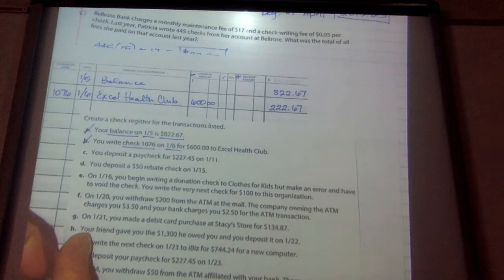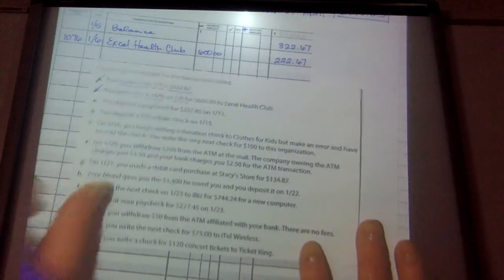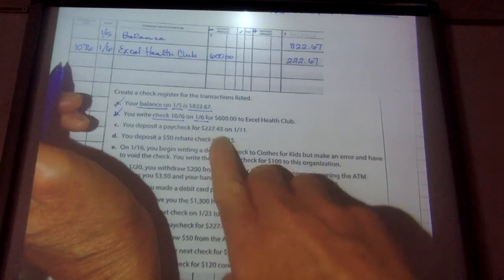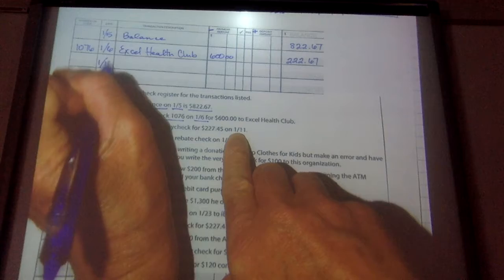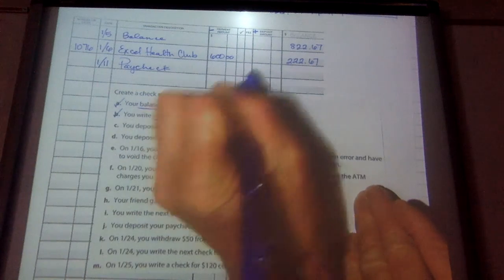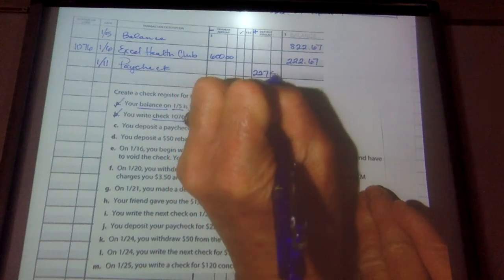We're now on to C. You deposit a paycheck on January 11th. So January 11th, I'm just going to put paycheck. My paycheck is a deposit amount of $227.45.